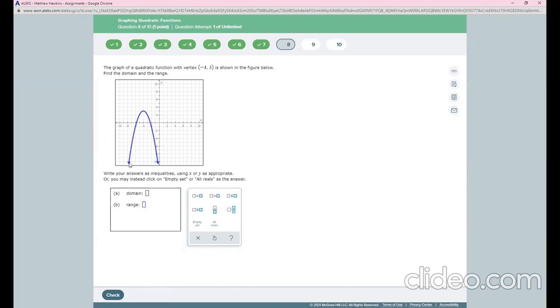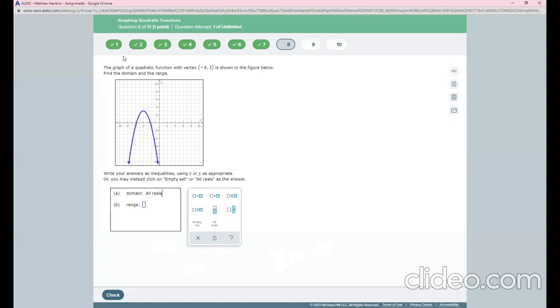Pointing left is represented by -infinity. And the last thing we see to the right is an arrow pointing right. So it goes from -infinity to +infinity. Another way of saying that is all real numbers. The domain is all real numbers.